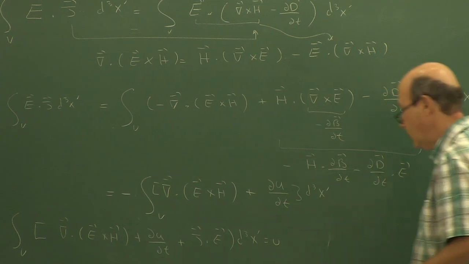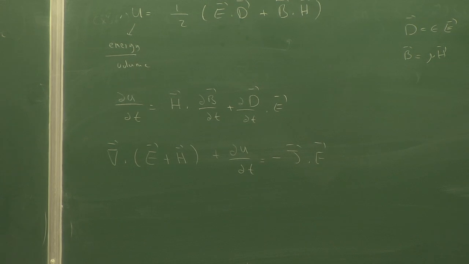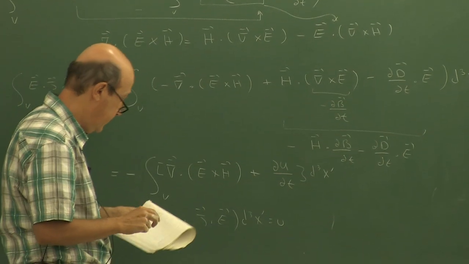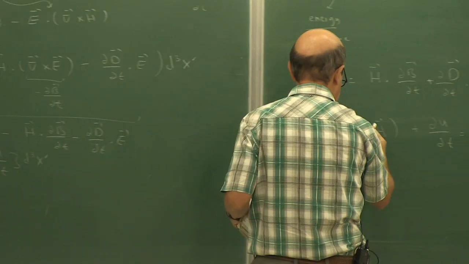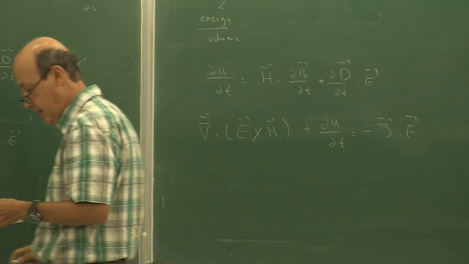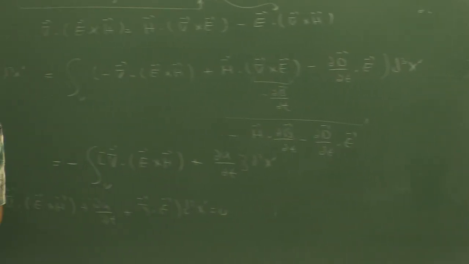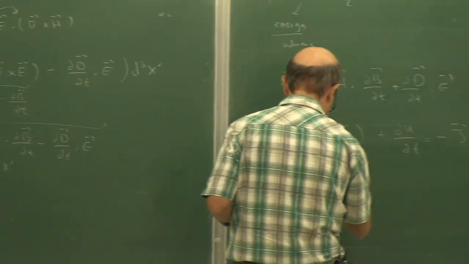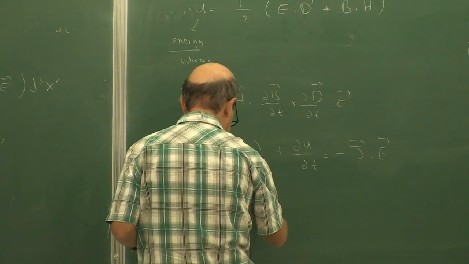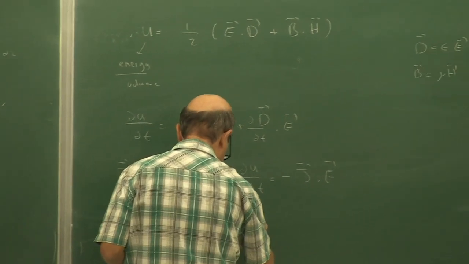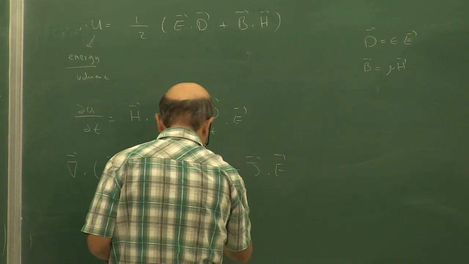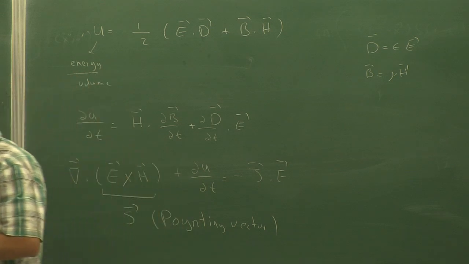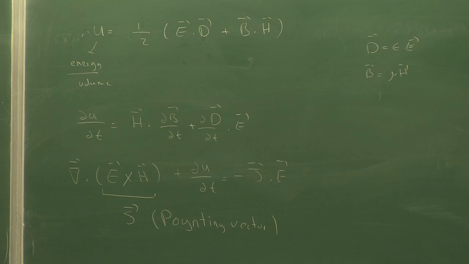At this point, unit-wise, what kind of units do we have? This should be a power, and E cross H is the Poynting vector S. It is a vectorial quantity, but what is the unit of the Poynting vector?